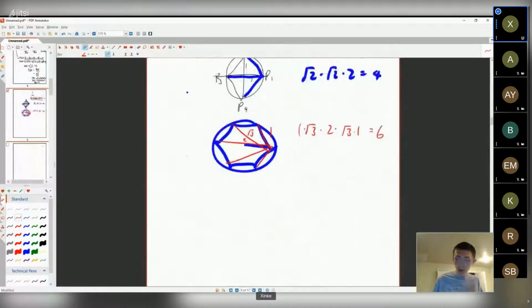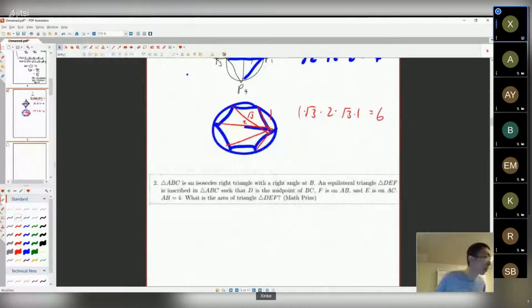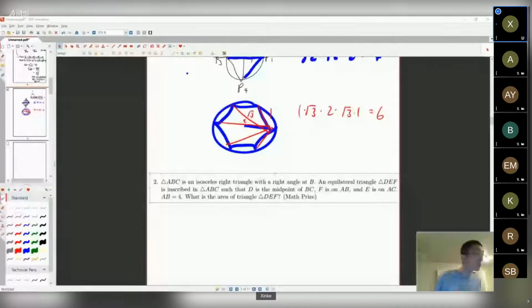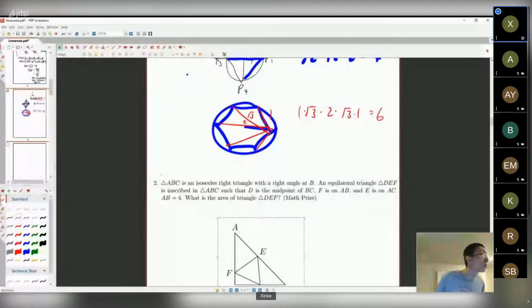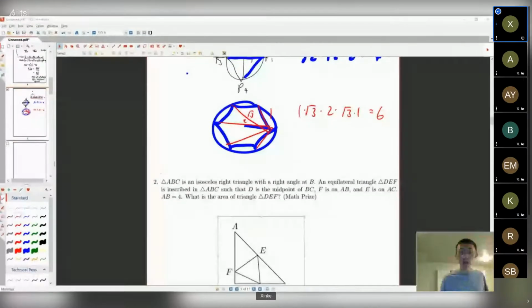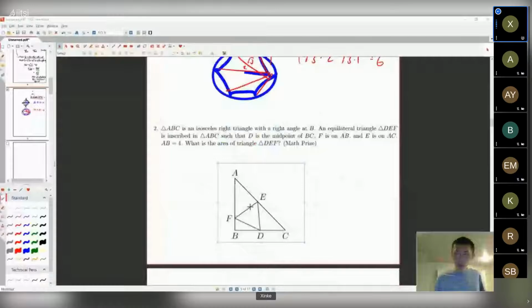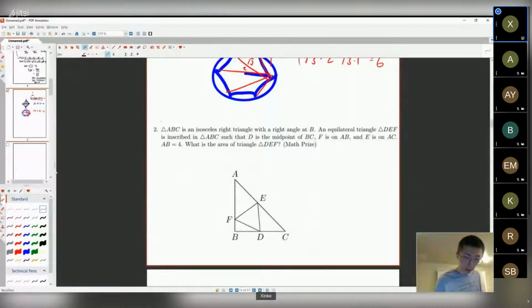So let's look at this problem. Okay, so you have an isosceles right triangle, right angle at B. Let's put it in blue.